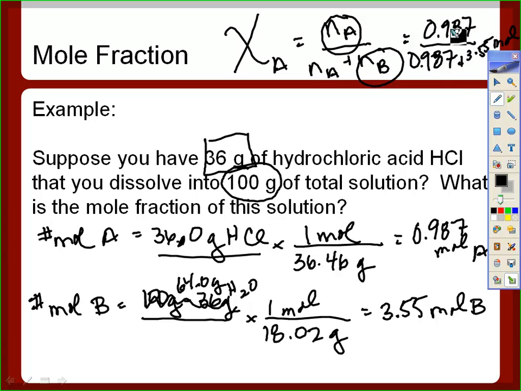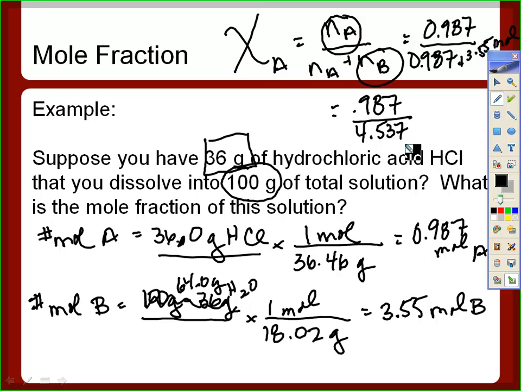So I've got 0.987 for my moles of A, and then I need to add on the bottom my moles of B. So now I should be able to do 0.987 divided by 0.987 plus 3.55. That's my total moles, and that comes out to be 4.537.